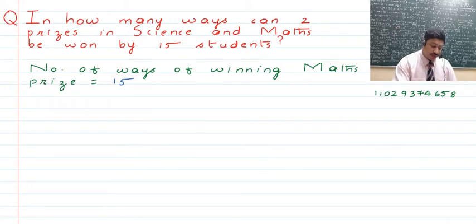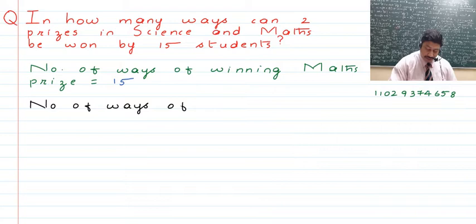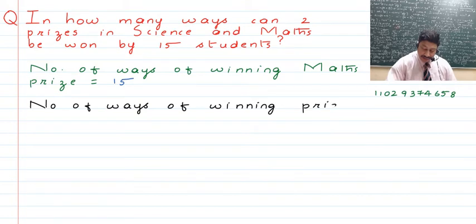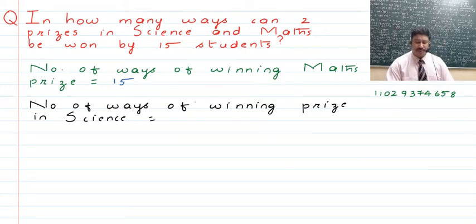And then now we talk about the other, that is the number of ways of winning the prize in science, which can obviously again be equal to 15. Why so?